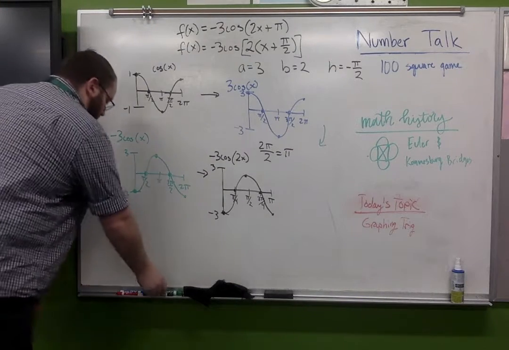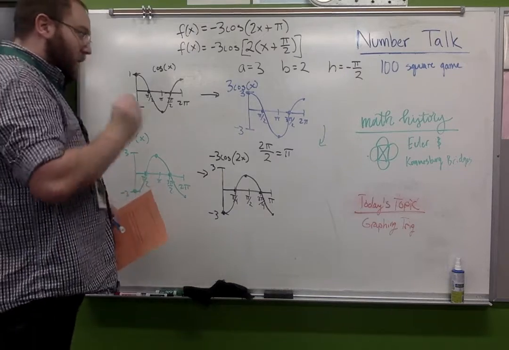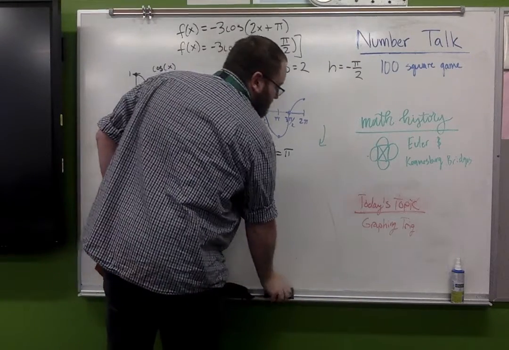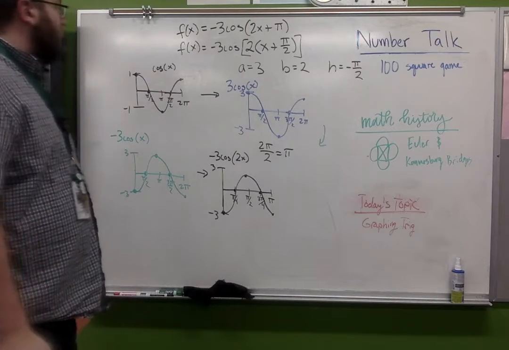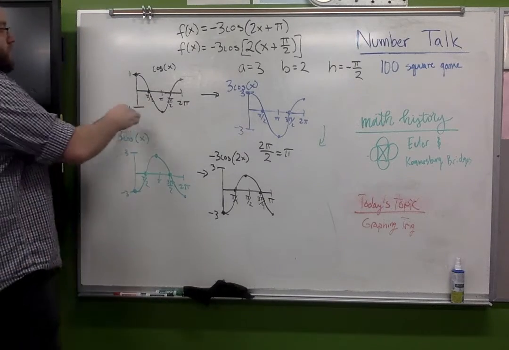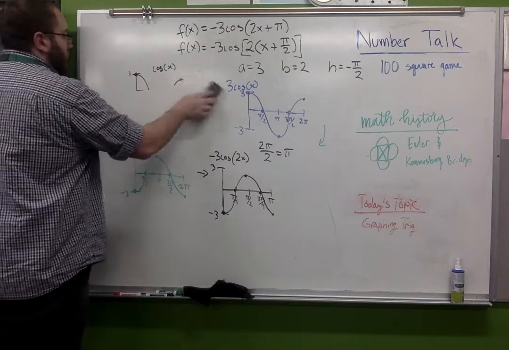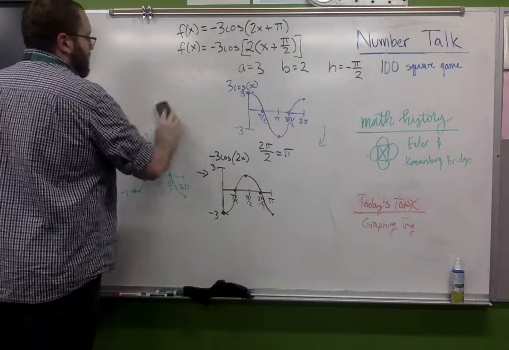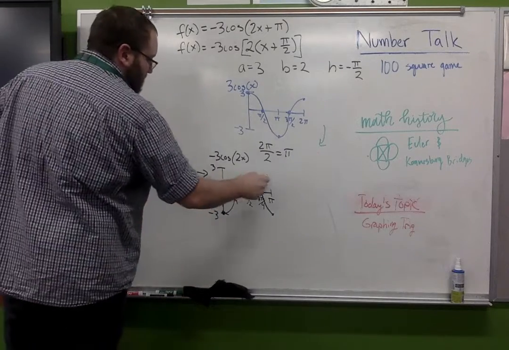And we got one more to do, our phase shift. Let's see if I'm going to have room. Okay, what I'm going to do is I'm going to erase the parent function here. If you need it again, just rewind the video. So I'm going to take this.